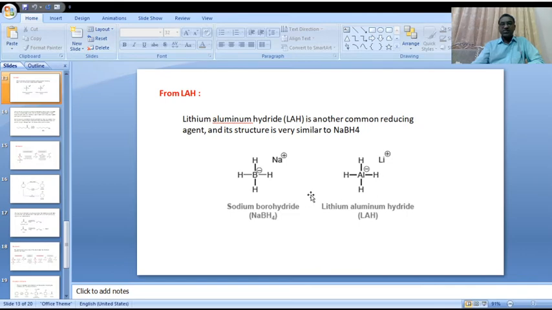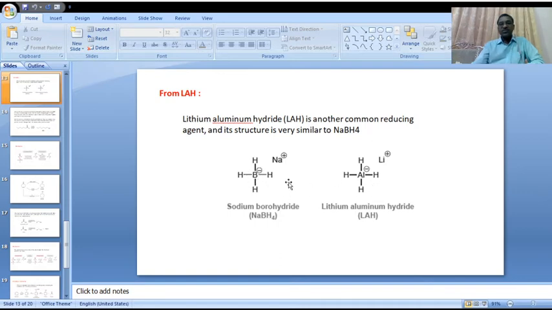The difference is the center atom: here boron, here aluminum. Both these atoms get a negative charge.